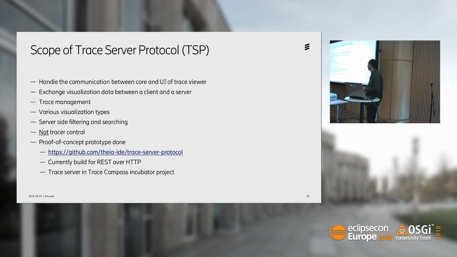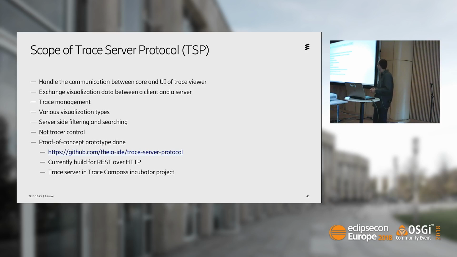There will be provisioning to manage traces, like posting a trace, deleting traces, and so on, and putting multiple traces together. It will have support for different visualization types, and a way to provide filters on the server side where you reduce the amount of data sent over.